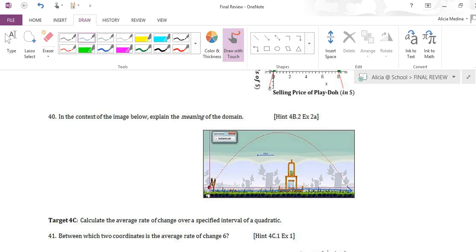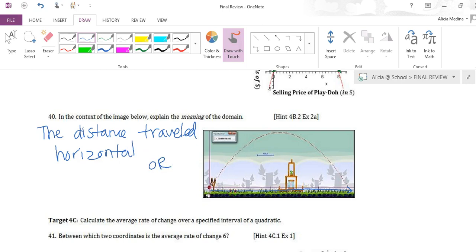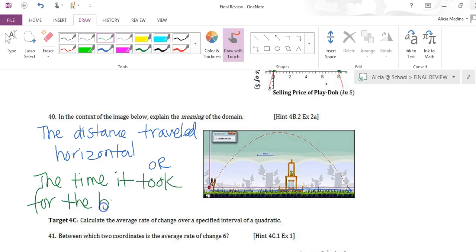So you can think of the distance traveled horizontally, or what we could say is the time it took for the bird to hit the floor.